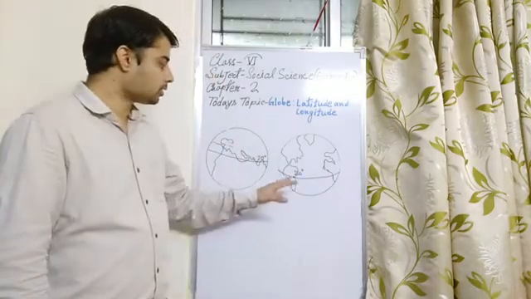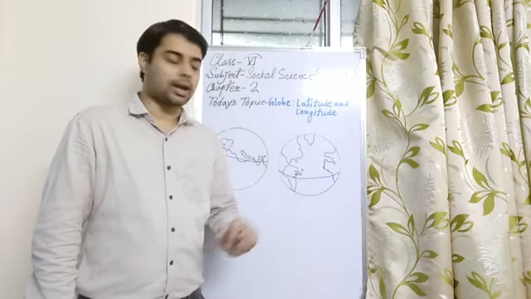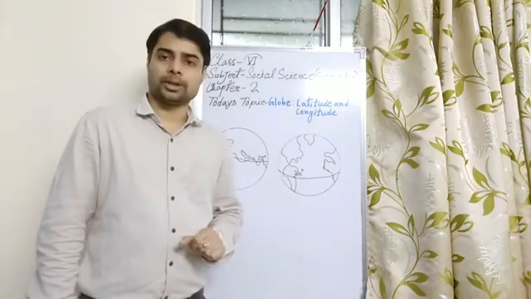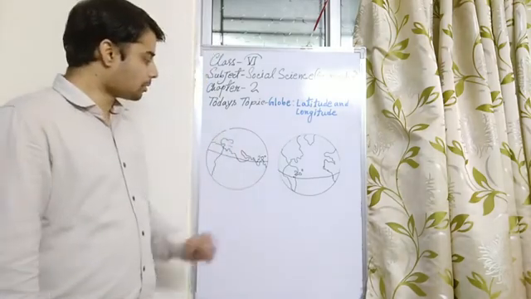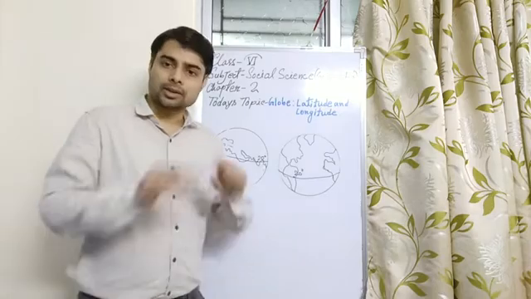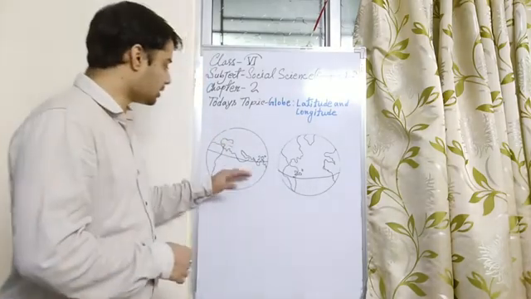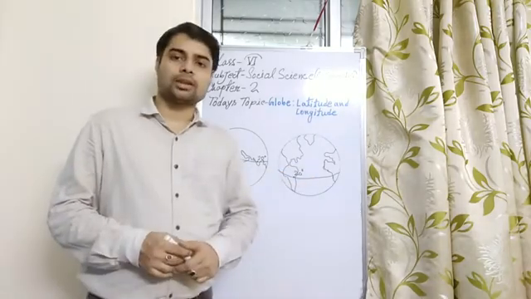One is Chandrapura in Maharashtra, and another one is Belo Horizonte in Brazil, South America. But what is the problem with Chandrapura and Belo Horizonte? They are not situated on the same line, because one is situated in the northern hemisphere and the other in the southern hemisphere.